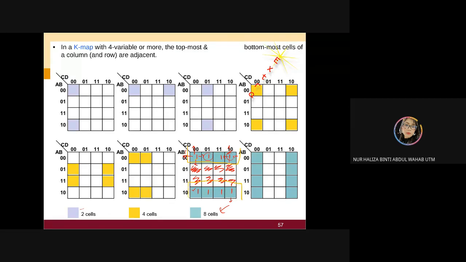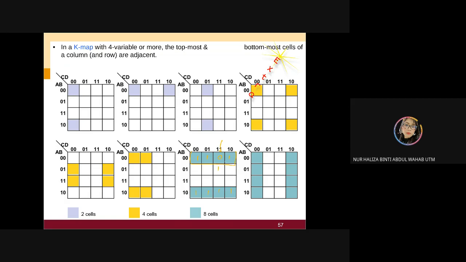I have 1, 2, 3, 4, 5, 6, 7, 8 adjacent to each other, bersebelahan. You cannot have, let's say I have 1, 1, 0, 1, 0, 1, 1, 1, 1, 1, 1. Okay lah. Only here is 0.